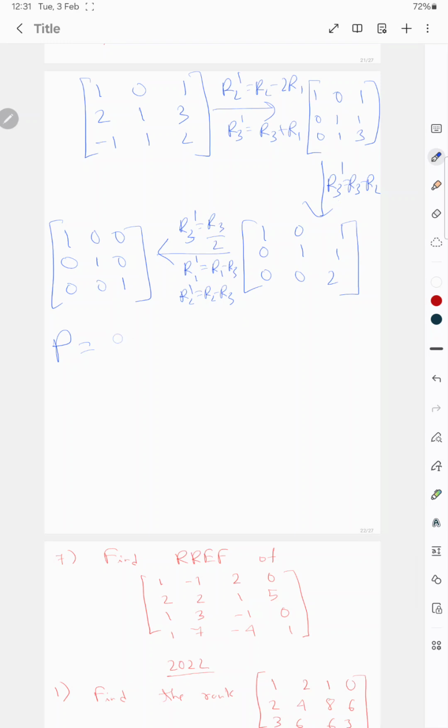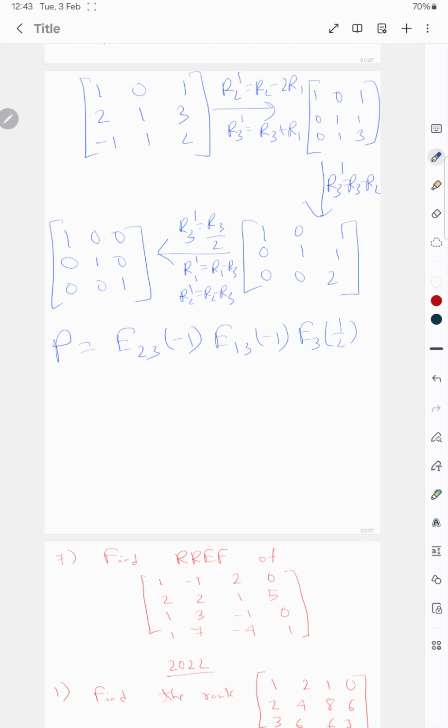So basically what is this matrix? E2 3 minus 1, right? Then you have E1 3 minus 1, then you have E3 of half, right? So these 3 operations are done.